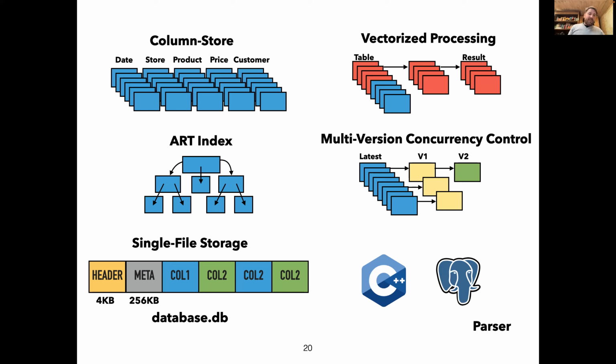It uses a single file storage format, which is important because, again, what I mentioned earlier about people emailing database files around, that's not a joke. That's what people actually do. They asked us to support this, so we said sure. And it's written in C++, and it uses a heavily patched version of the Postgres parser. So if a query runs in Postgres, chances are quite high it will also run in DuckDB.